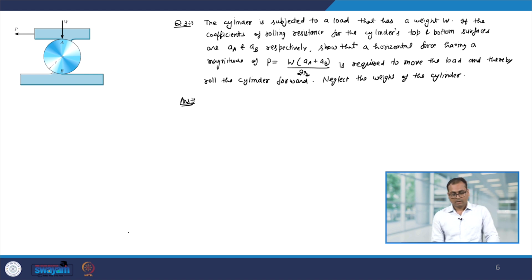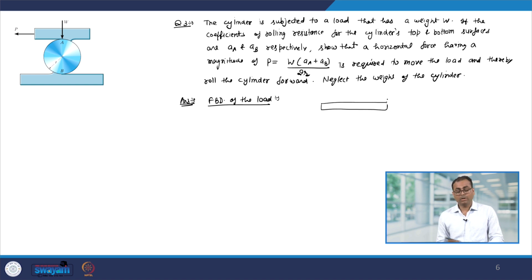Okay. So, first let us look at the free body diagram of the load that we have. Okay. So, we have this load, and on this load a force P is applied and its weight is W. Now, you have to note that everything is in a dynamic equilibrium.